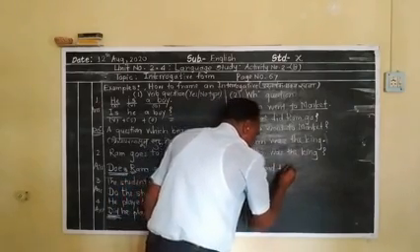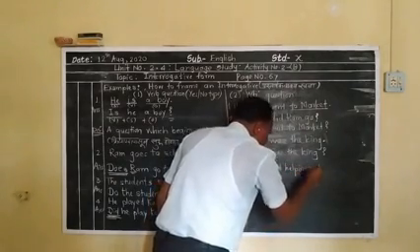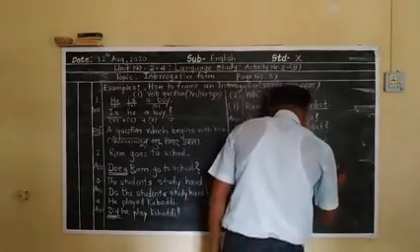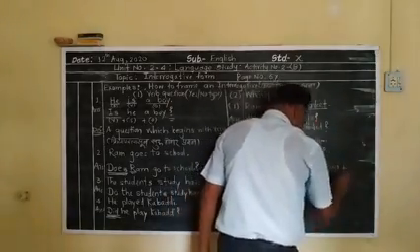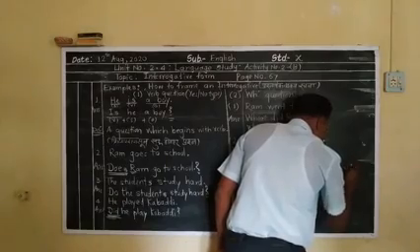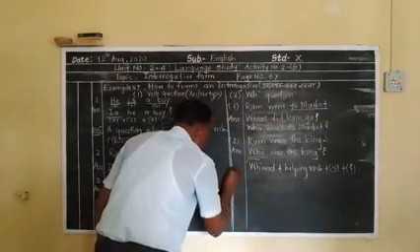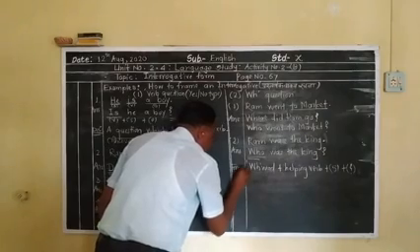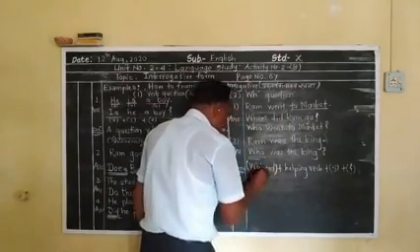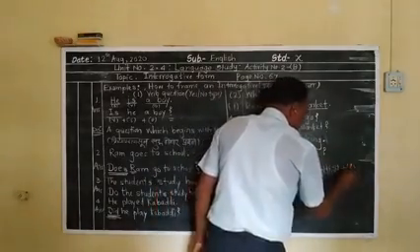The formula: WH word plus helping verb plus subject plus question mark.